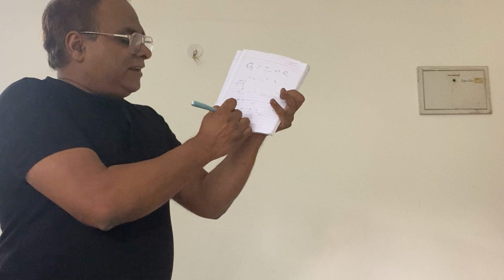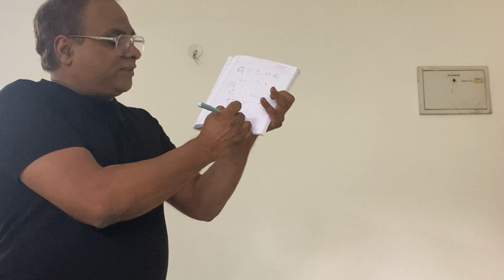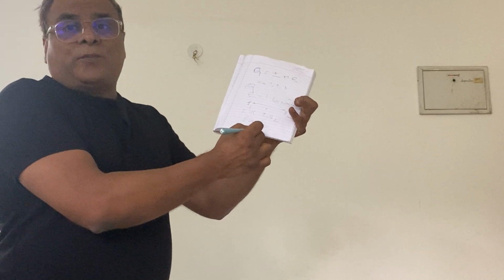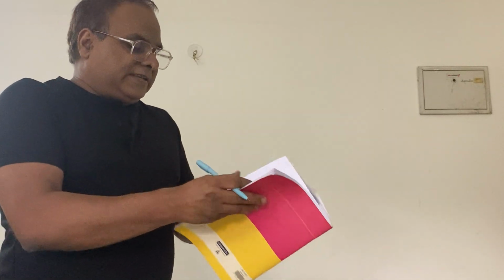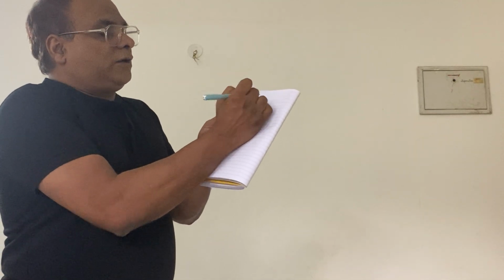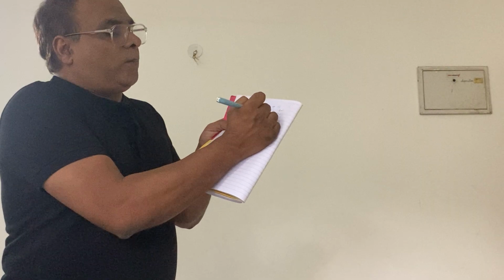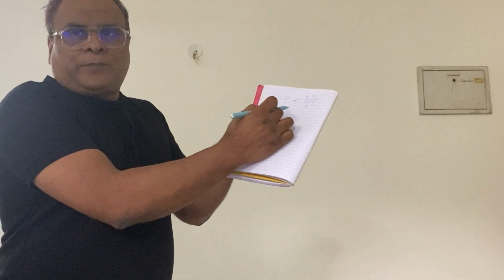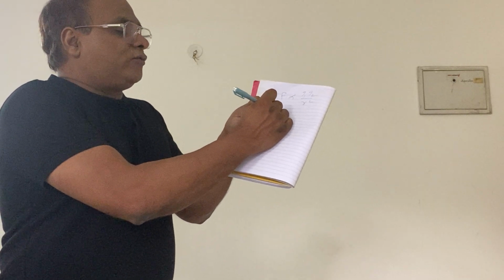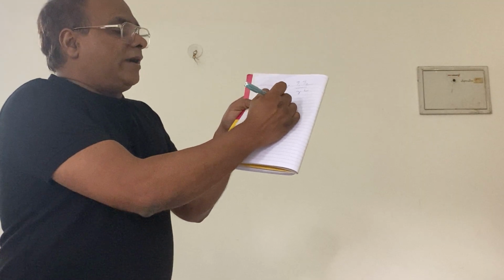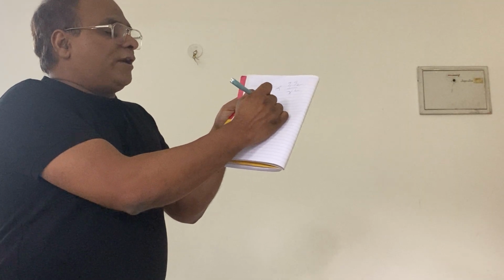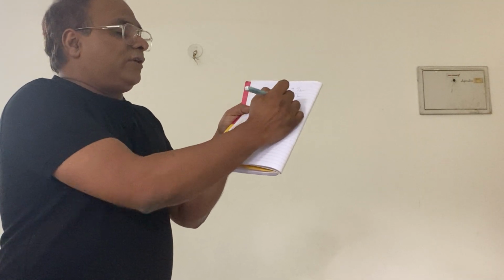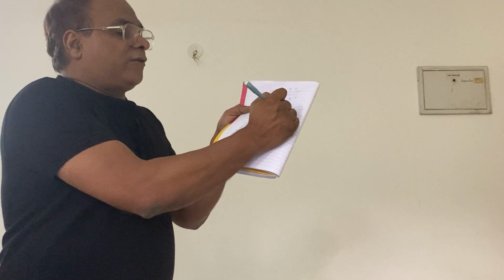F is inversely proportional to the square of the distance, F is proportional to 1 by r squared. Combining these two, F is proportional to Q1 Q2 by r squared. To remove the proportionality, you introduce a constant: F equals 1 by 4 pi epsilon 0, times Q1 Q2 by r squared.